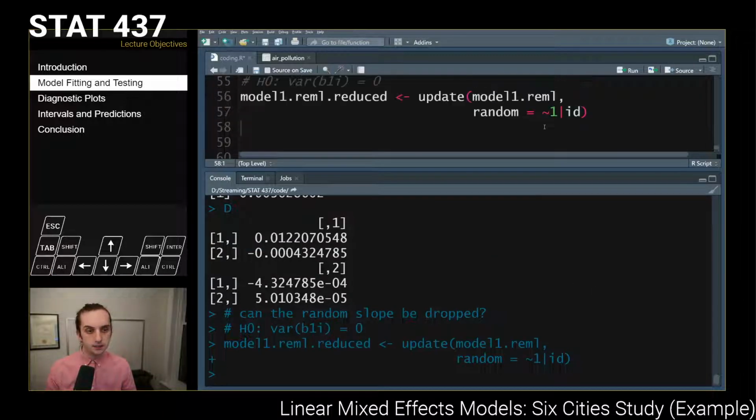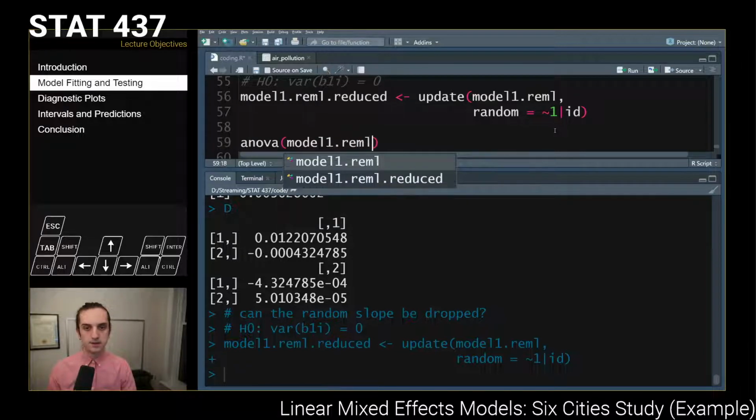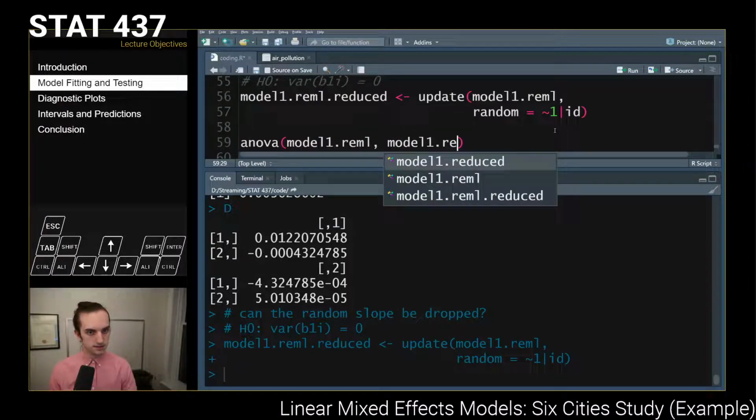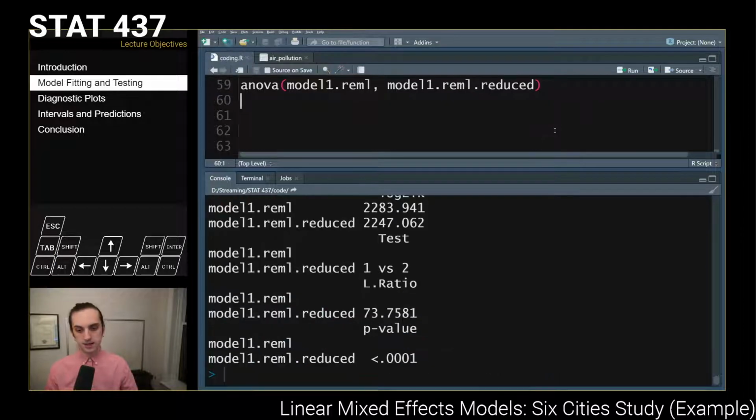Now, in theory, we could call the anova between model1.reml and model1.reml.reduced. This is going to output a test statistic. The likelihood ratio test is a little hard to read off because of the size of the output here, but the test statistic is being computed as 73.7581, and it's saying that the p-value is less than 0.0001.